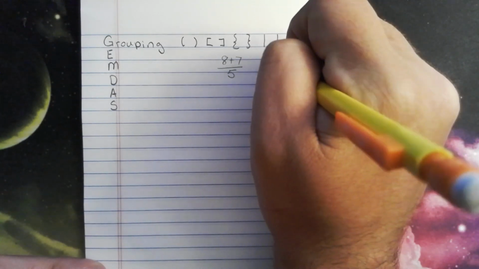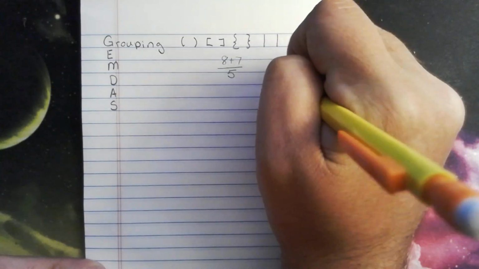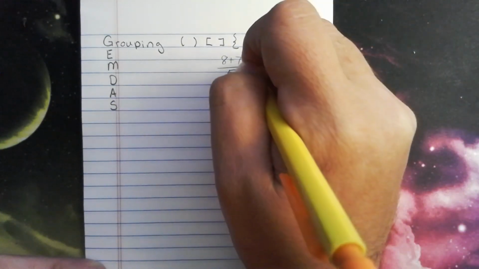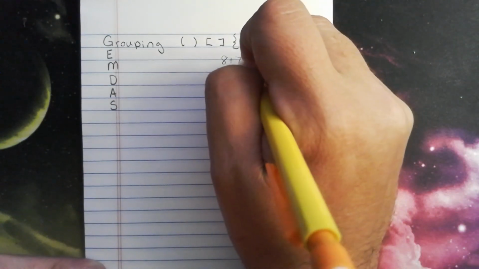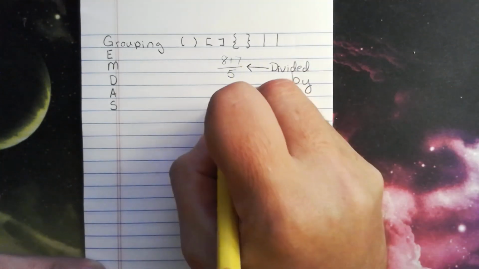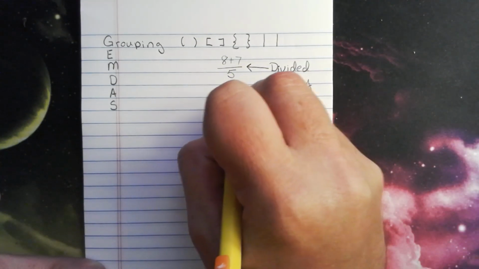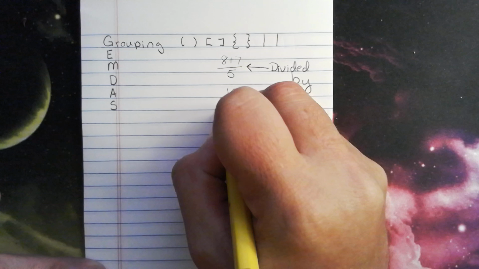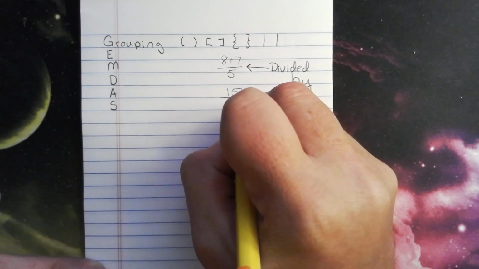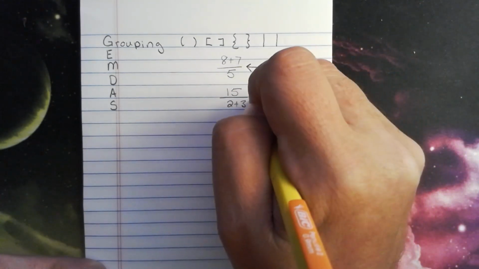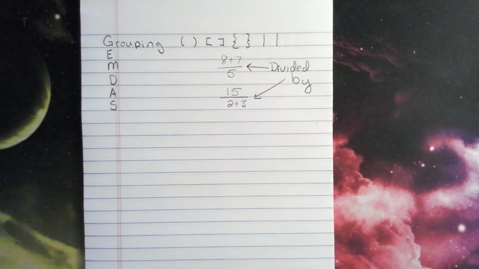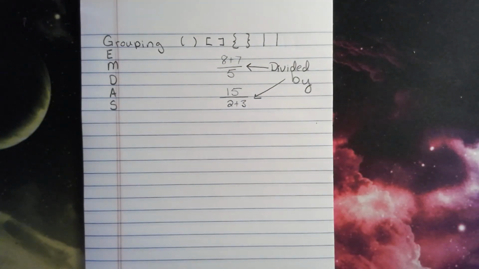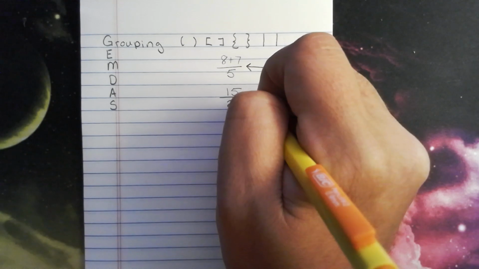So this is divided by, go ahead and get that written down so we remember, and that's this line here. We could also write it something like this, 15 over or divided by 2 plus 3. Again, this is divided by or over, but it means the same thing. Doesn't matter which wording you use for it.